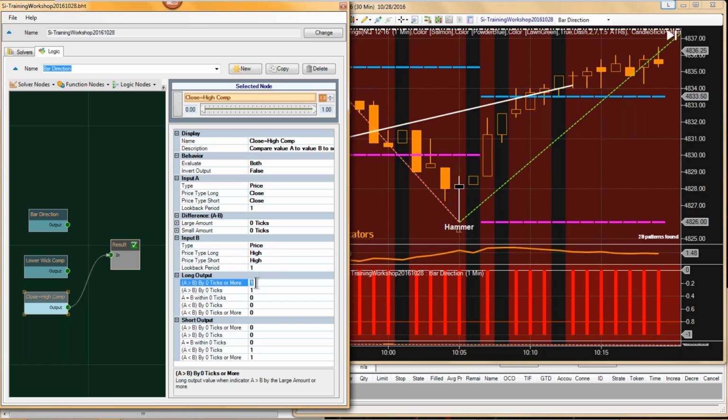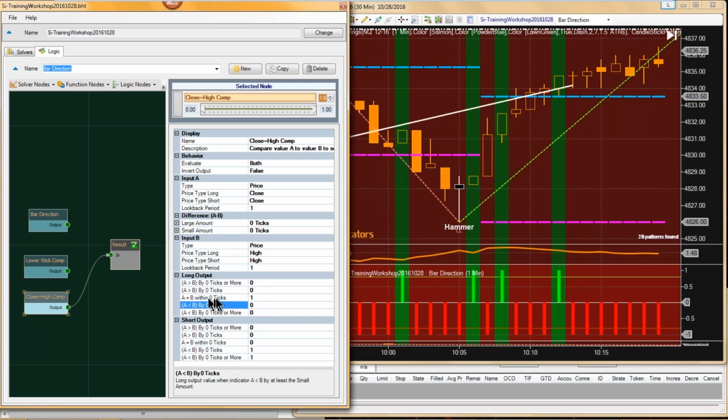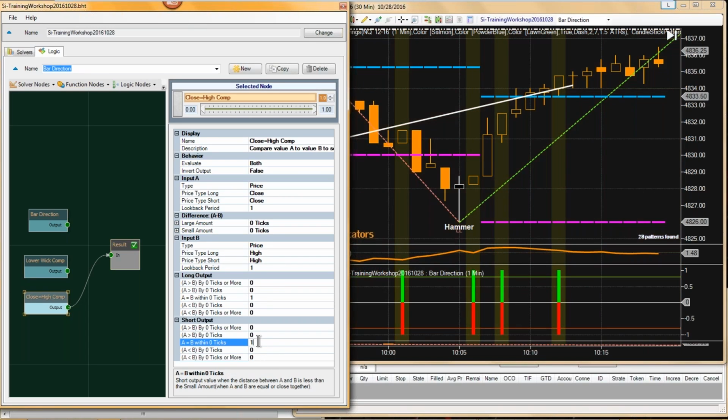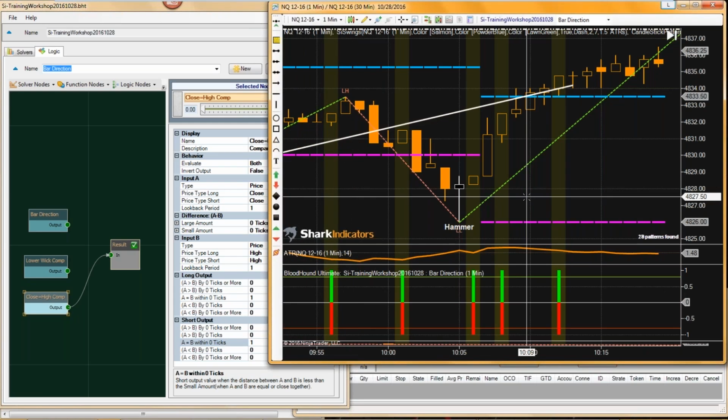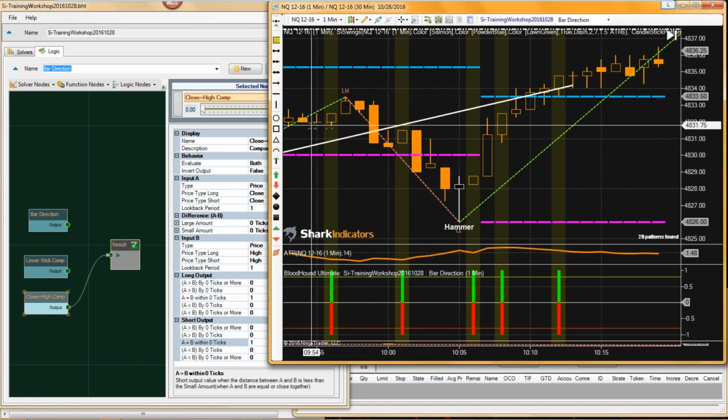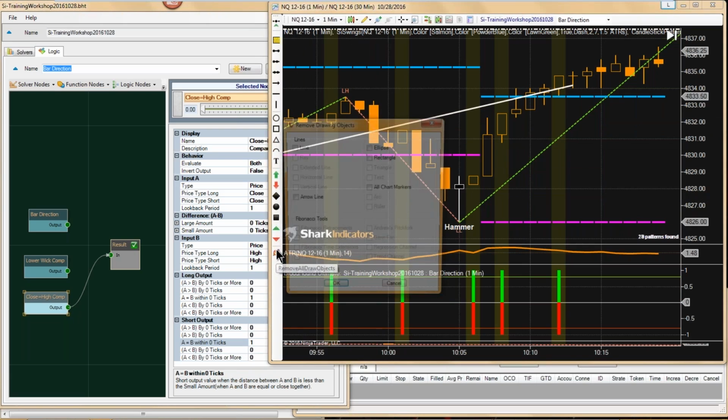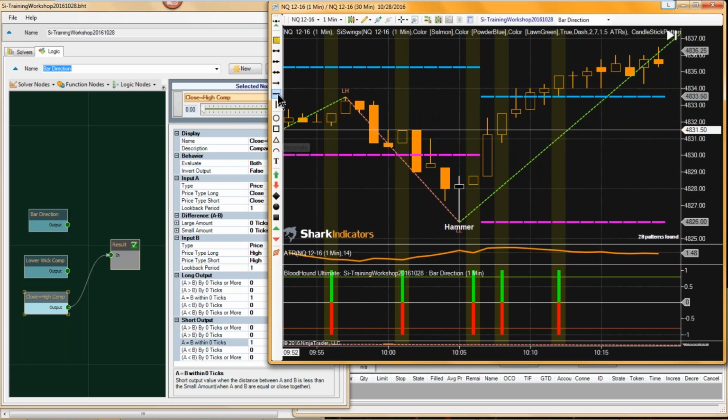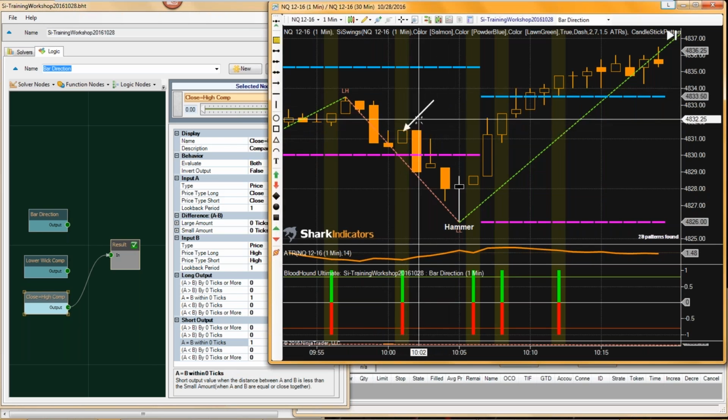And for our outputs, we want to check to see that they're equal, so we want A to equal B. All right, so there's our outputs. Let's take a look at the chart. There we go, the closing price equals the high.